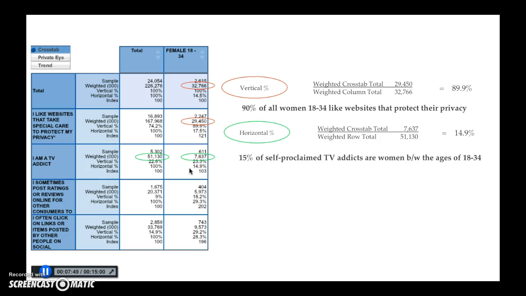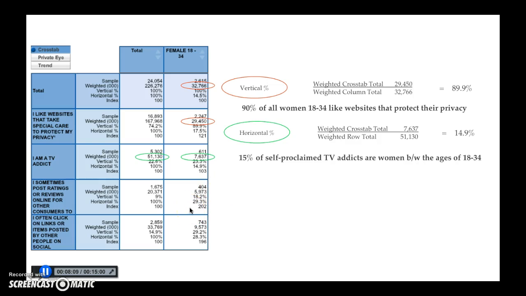That's a fairly small percentage of the whole, so they might not be my most likely prospects based solely on this analysis. The horizontal percentage answers the question, what percent of people within the row heading fall under the column heading?